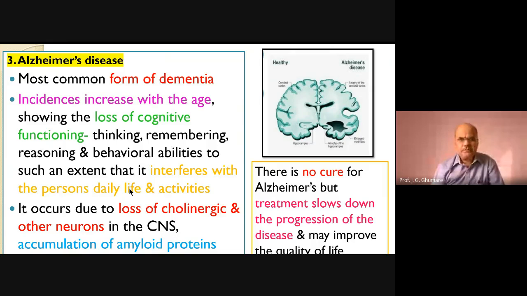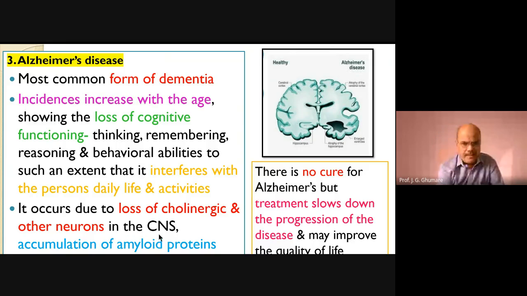I made a bold statement that this happens in old age, but someone among you may be suffering this problem right now. But remember, Alzheimer disease occurs due to loss of cholinergic and other neurons present in the CNS, remember. Those activities will be reduced.